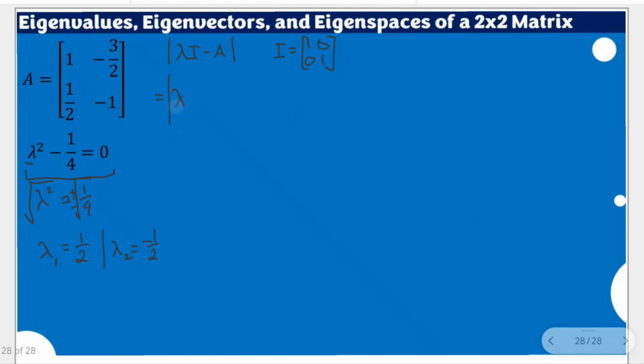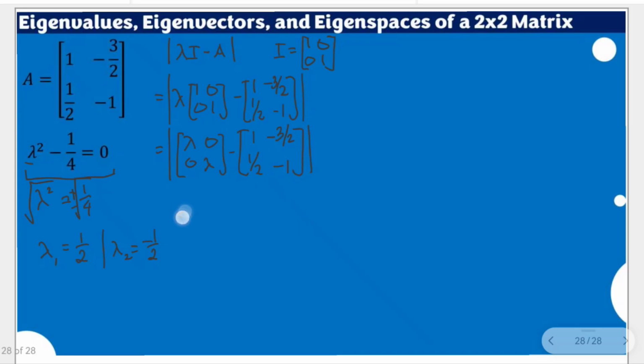So you have lambda times the identity matrix 1, 0, 0, 1 minus your A, which is 1, negative 3/2, 1/2, and then negative 1. You will have the matrix lambda, 0, 0, lambda, minus 1, negative 3/2, 1/2, and negative 1.